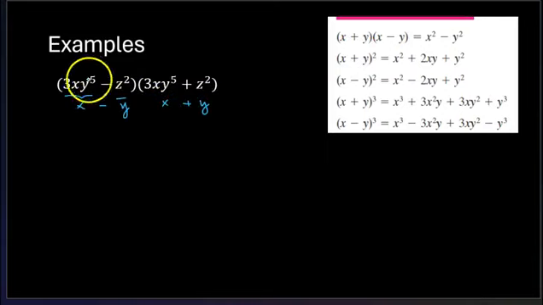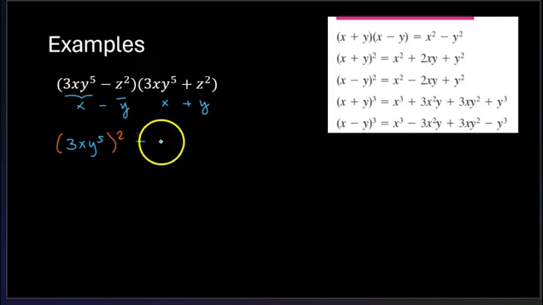This is your x and this is your y. If you look at the formula here, it should be x squared minus y squared. So that means this is the x that we are applying to our formula. Okay, and then minus, this is the y, z squared.